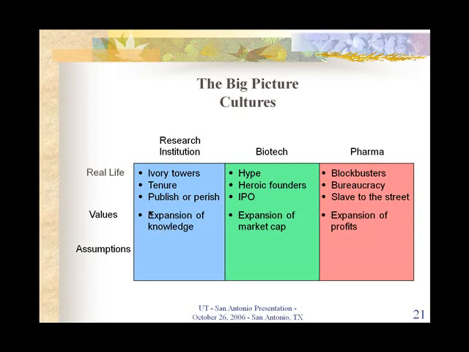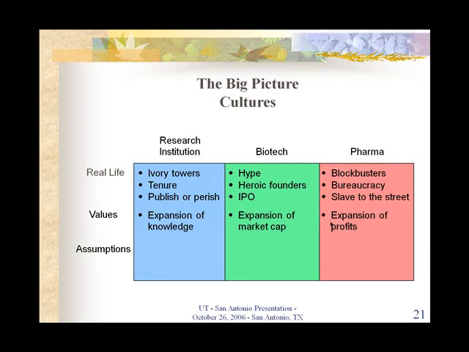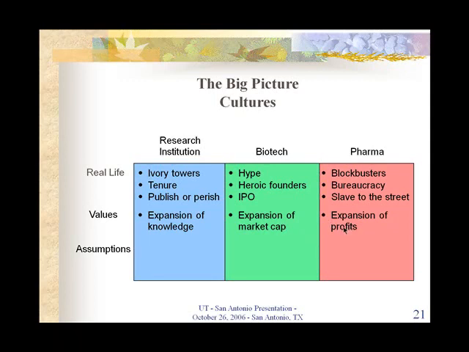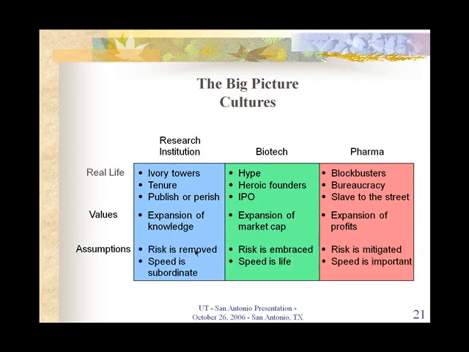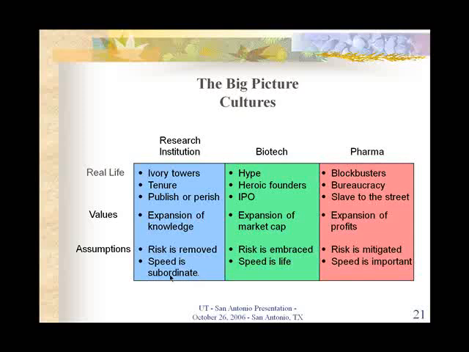In research, we have the expansion of knowledge, that's academia. Biotech is expansion of the market cap. Can you push your market ever bigger and bigger and find new markets? And then, of course, for pharma, they're already there, creating some of the caps that restrain the biotech in a sense, and they want to sustain an ever-expanding range of profits.